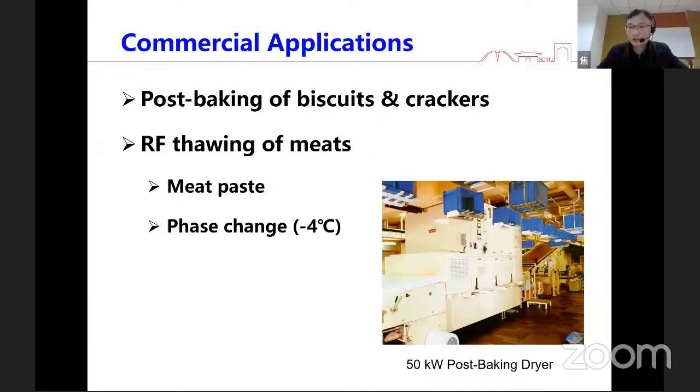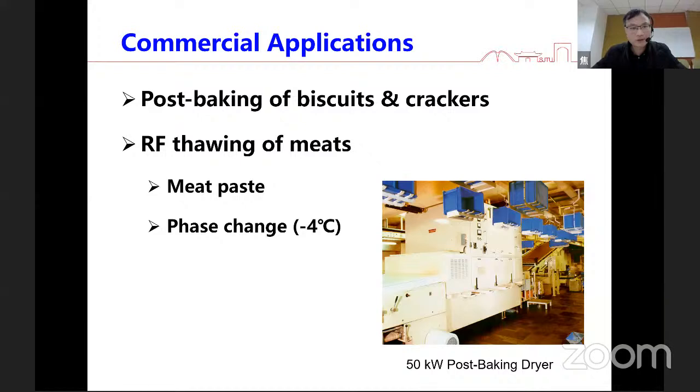And also using the conventional drying method, it's very easy for the cracker or biscuit to crisp. So using RF technology for post-baking, it can avoid the crispness during the final stage and increase the efficiency of removing the moisture content. So that's a huge advantage and an important application for this technology.